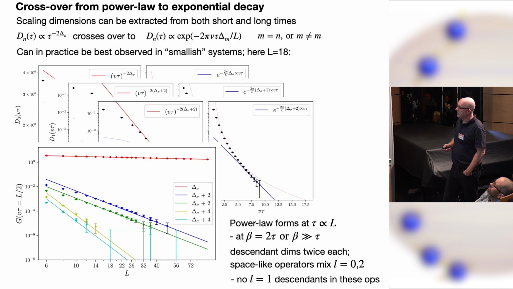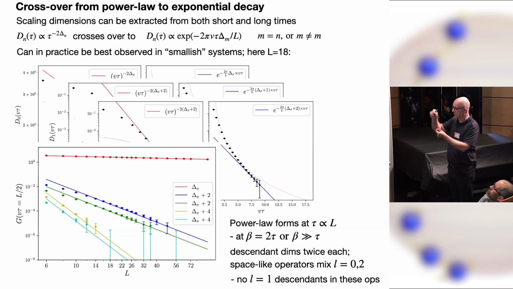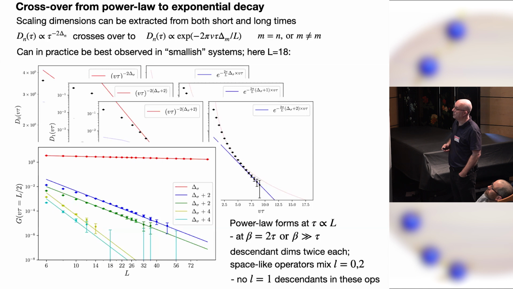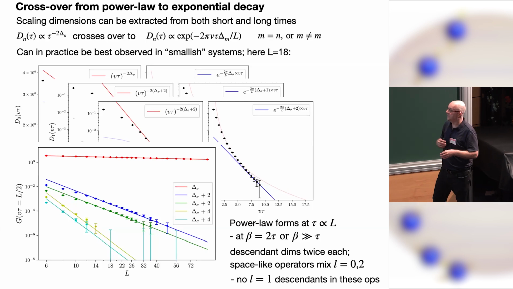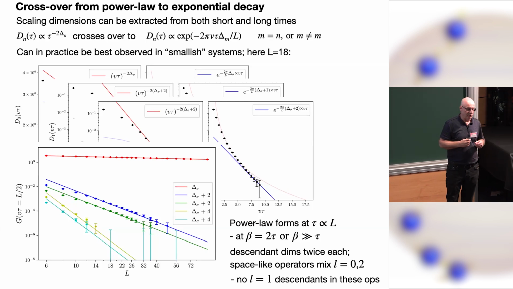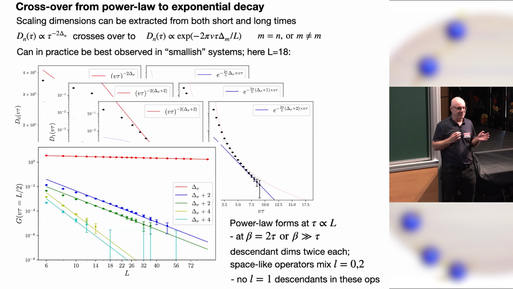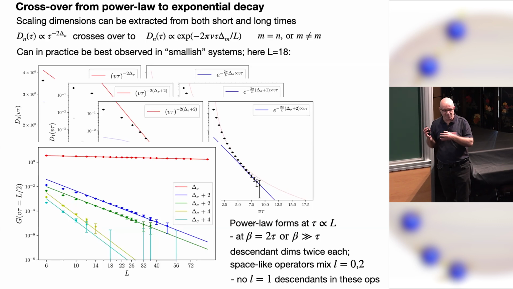Okay. And in this case, no L equals 1 descendant, because they would correspond to rotating 180 degrees and putting a minus sign, which we don't have. Okay, so now I hope it's clear how this differs from the previous method. Although you can say that it's actually exactly the same, but it's like a new application of the covariance method.